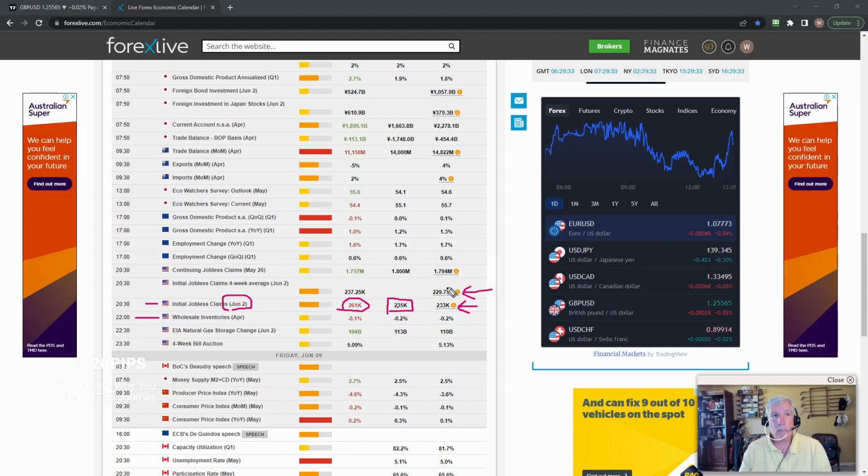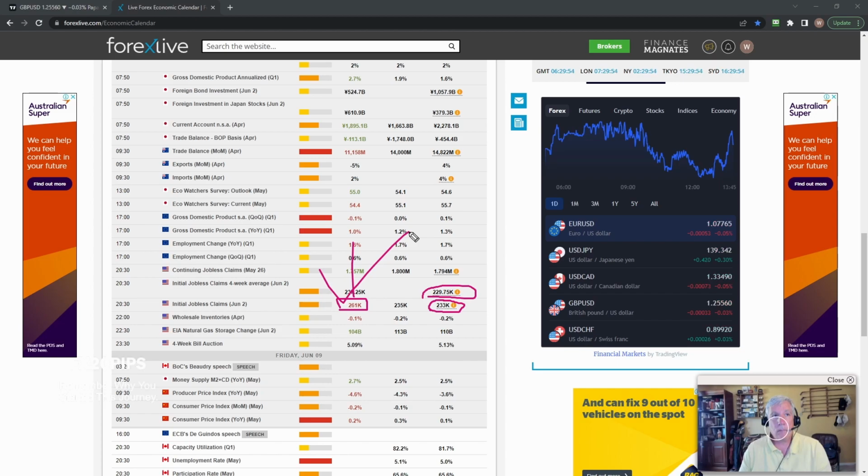And that is why, not only because this has been negative, but also because the revision was into the negative too, it just causes the US dollar to fall, to drop.